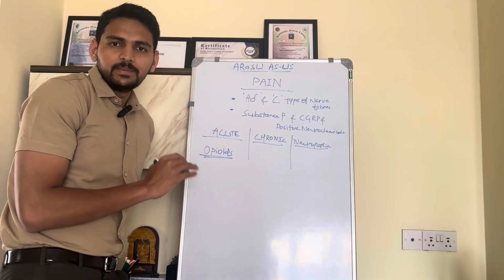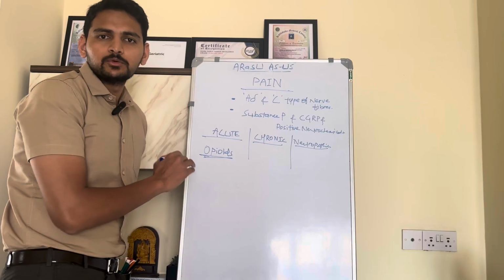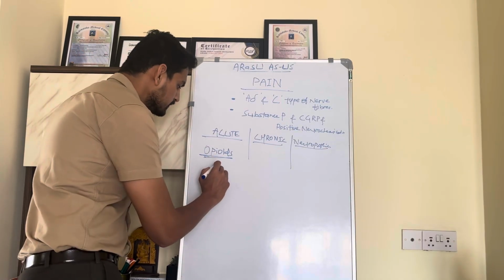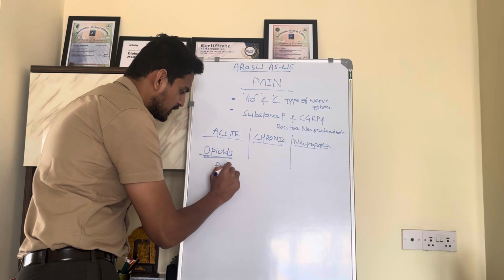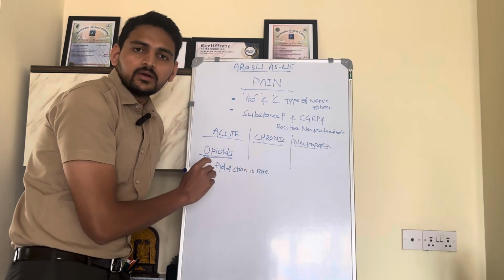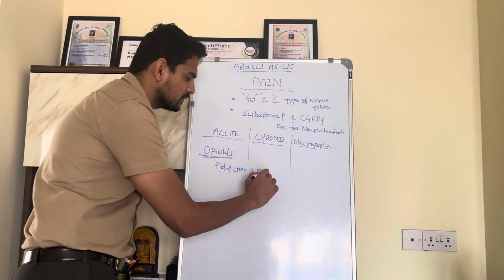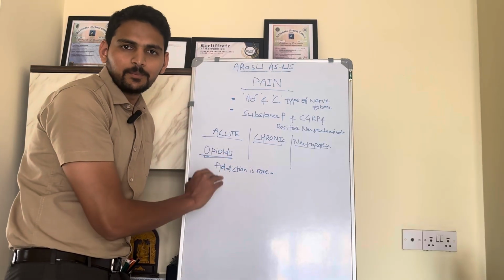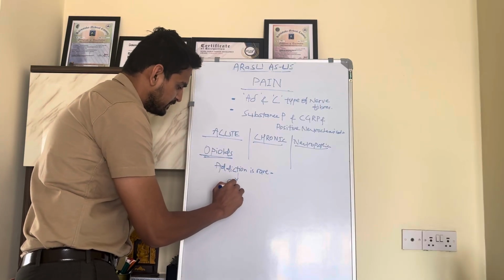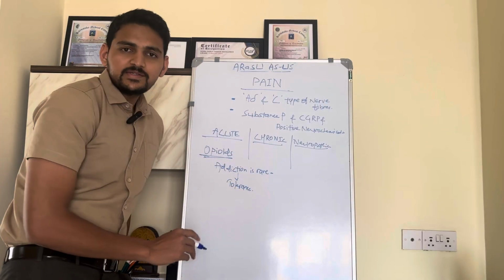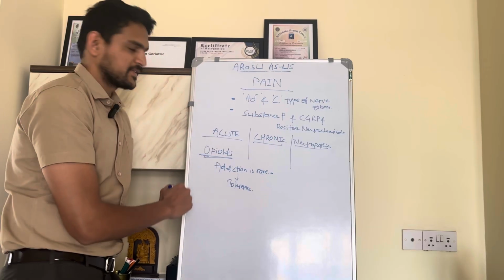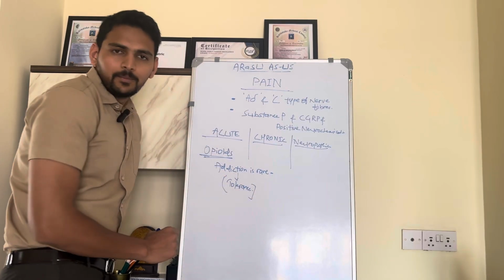Remember one thing, dependency and addiction with opioids is rare, but there might be chances of tolerance. So addiction is actually rare if the patient follows the physician's prescription properly. Addiction is rare, but there is a chance of tolerance. That is, the individual might require higher doses as the days progress. So this might be a problem.